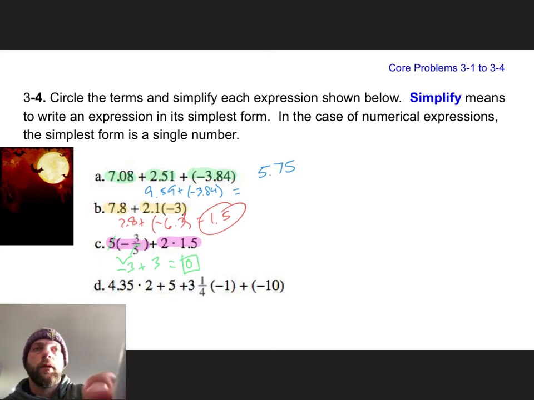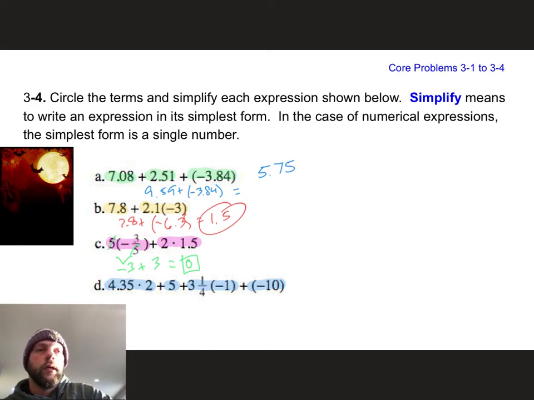Okay. All right. Then the last one here, I have 4.35 times 2. And then I have a separation of 5 with my stop sign. And then I have 3 1/4 groups of negative 1, and then I have a negative 10. So in this one, I have 4 terms that I'm looking at.